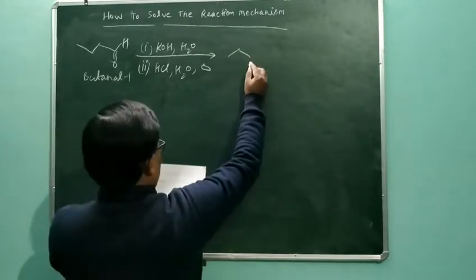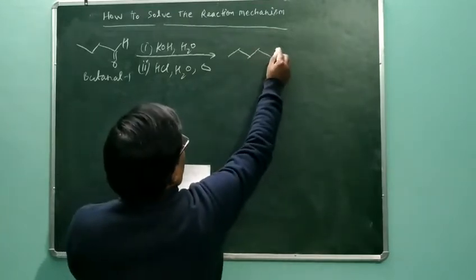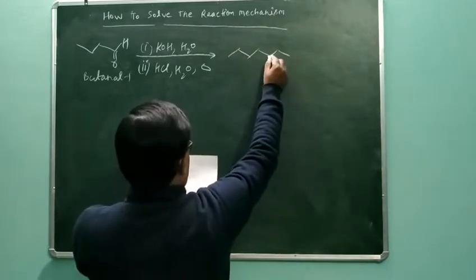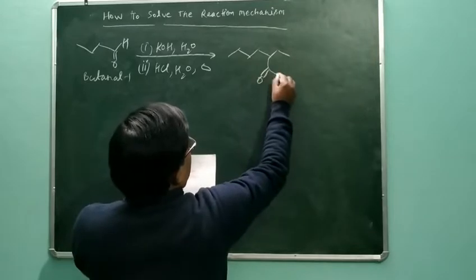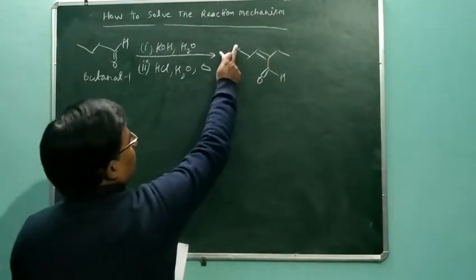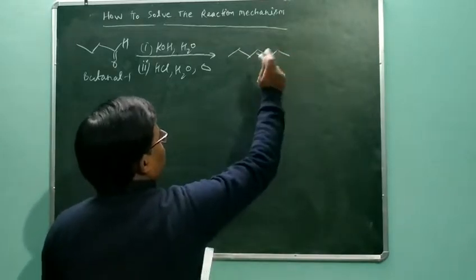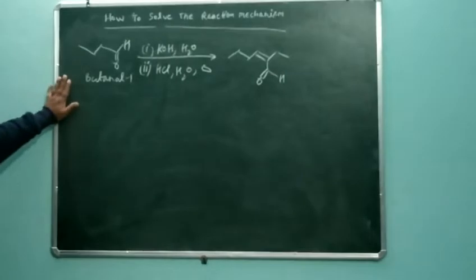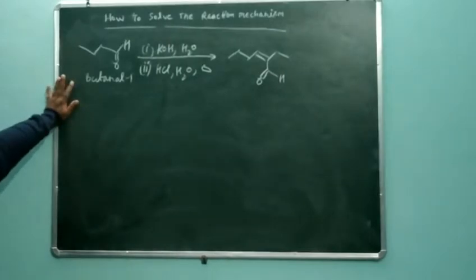The product is 1, 2, 3, 4, 5, 6, 7. With the help of this aldol condensation, I will explain all the aforesaid six steps.